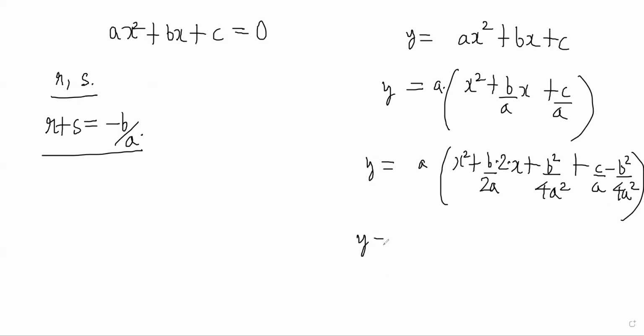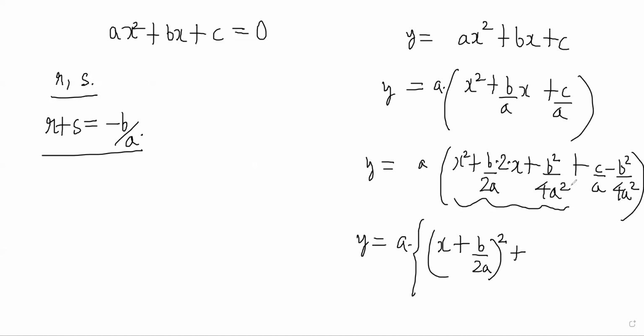So y is equal to a, if you see completing the square here, is x plus b by 2a whole square, plus you are getting 4ac minus b square by 4a square, correct?